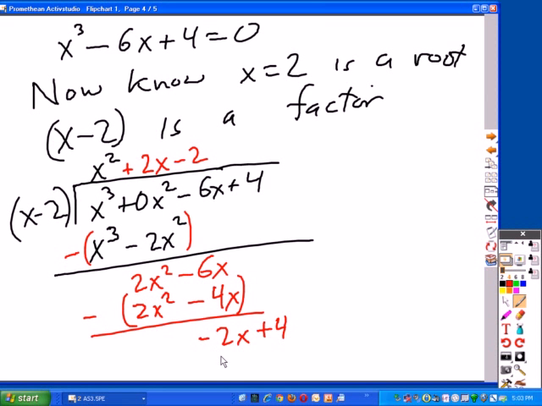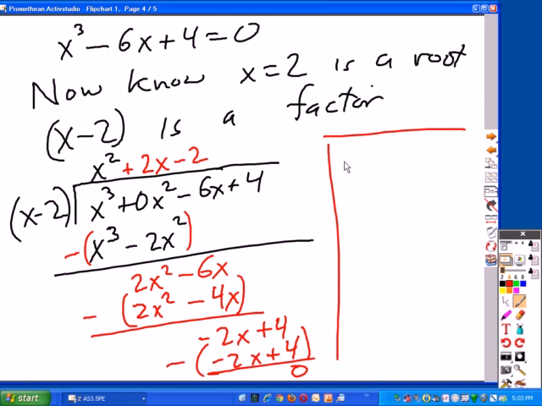And so what we get is minus 2x plus 4. And if we subtract, that's equal to 0. And so what we have is that our original left-hand side factors as x minus 2 times x squared plus 2x minus 2, and that's going to be equal to 0.